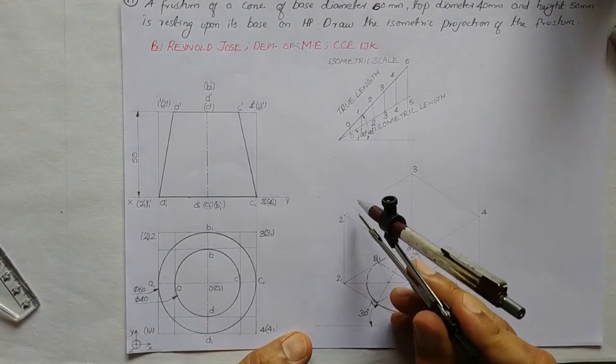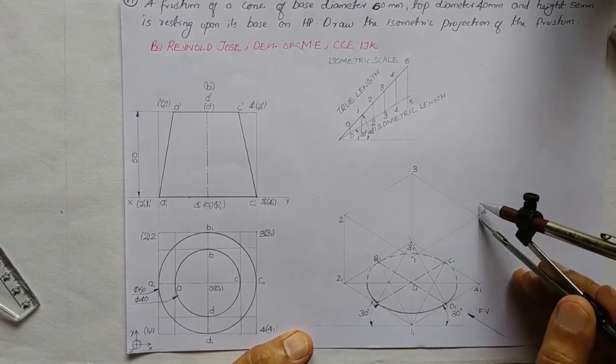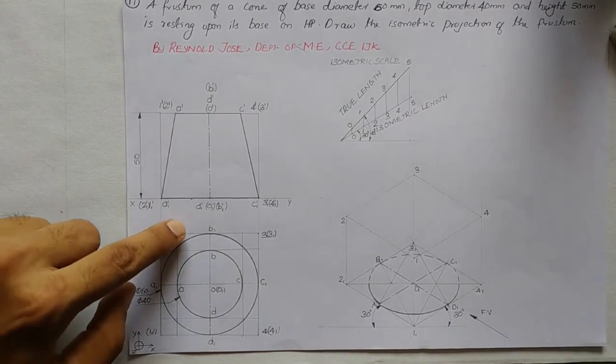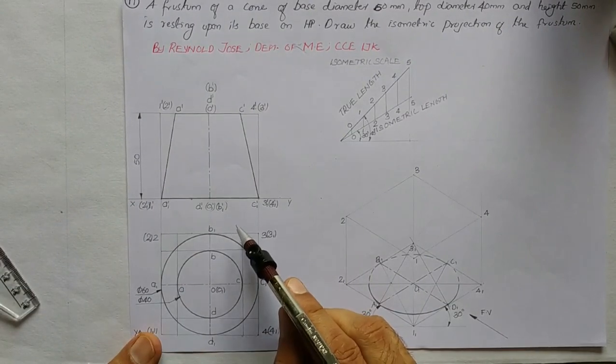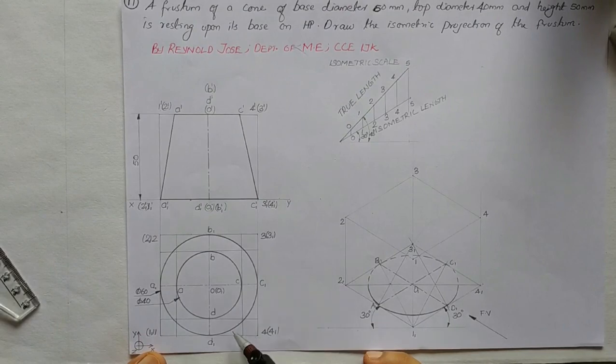Likewise, from 2 we are having 2 markings, from 3 also we will be having 2 cuttings, and from 4 also we will be having 2 arcs. You can see here from 2 we are having 2 points, from 3 also we are having 2 points, one to this side and another to this side. Likewise from 4 also we are having 2 points.